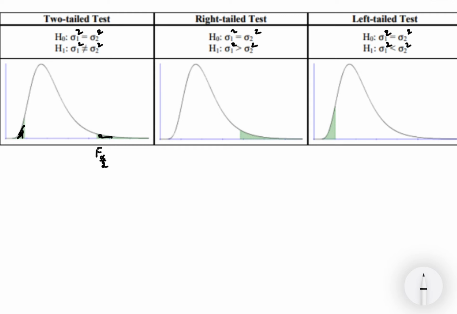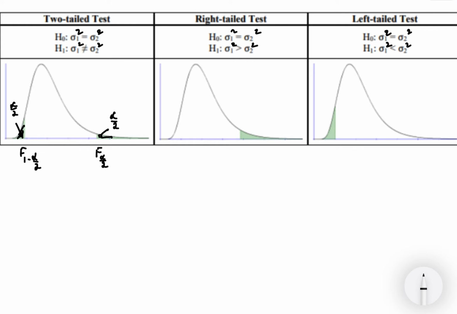Anything beyond F alpha by 2 constitutes alpha by 2 percentage of the scores of the distribution, and anything below F of 1 minus alpha by 2 constitutes the other alpha by 2 percentage. So in totality, both on the right and the left tail, it would constitute alpha percentage of the scores of the distribution.